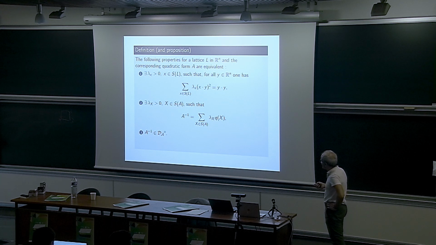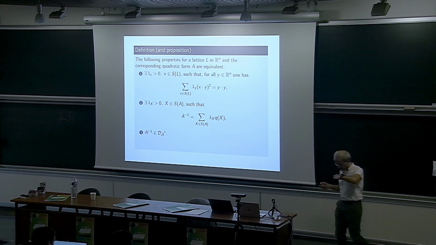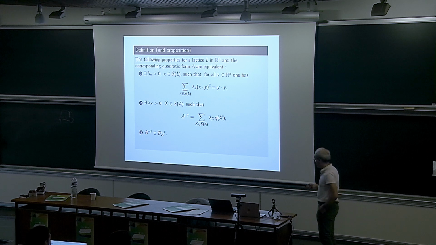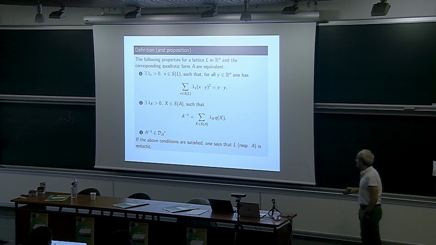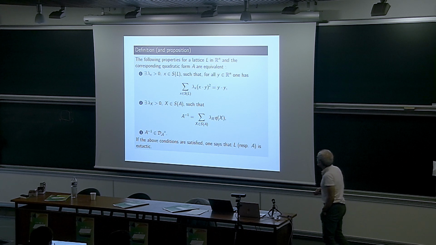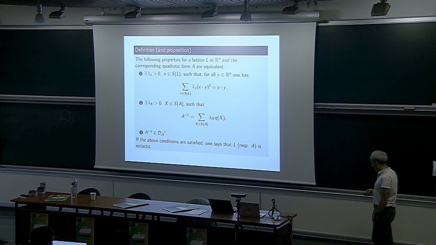It's a misprint I have to correct. So A is eutactic if the inverse of A lies in the relative interior of the corresponding Voronoi domain. By relative interior, I mean the interior in the affine space generated by the minimal vectors of A. So if the above equivalent conditions are fulfilled, one says that A is eutactic.